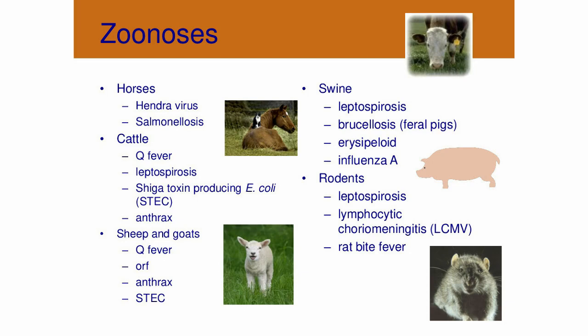Many zoonoses have co-evolved with their relevant animal host over a long period of time, and they may not necessarily cause disease in the animal, and so the animal may present as asymptomatic, which is why it's so important that people always maintain good hygiene around all animals, whether they are healthy or sick. An example is STEC, or Shiga toxin producing E. coli.